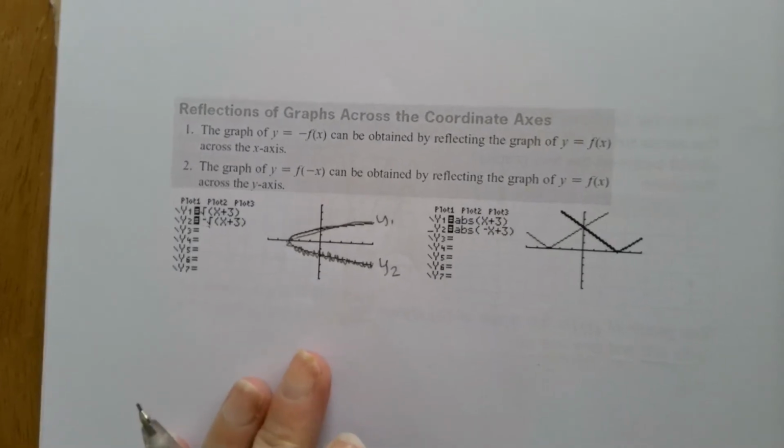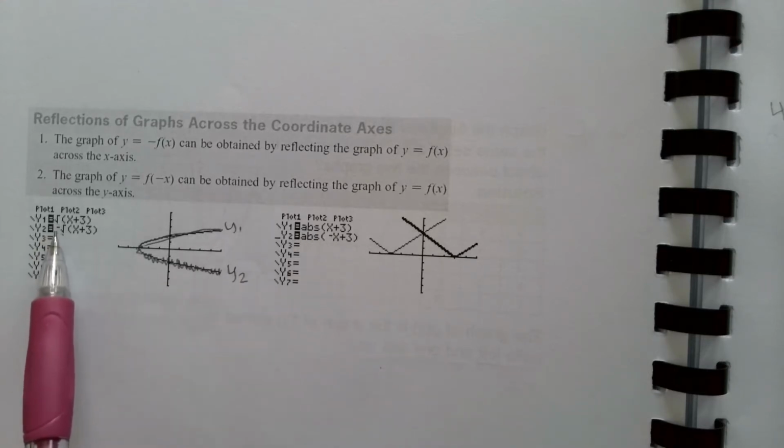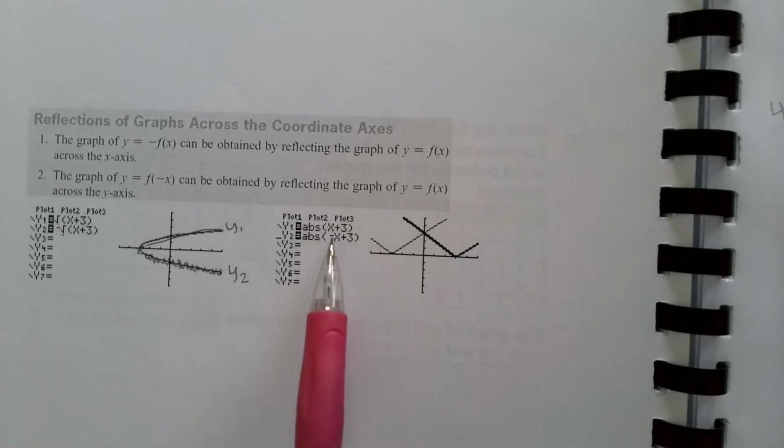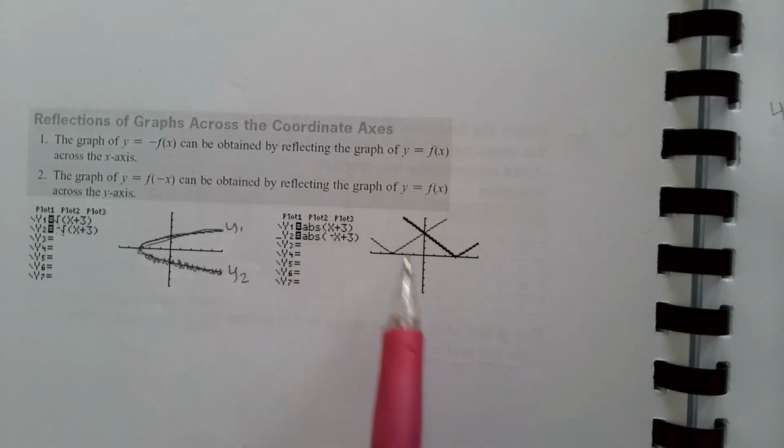Now, if I do the same thing with the absolute value function, I type the absolute value function. Well, actually, this is a little different. If instead of putting the negative in front of the entire function, I just put the negative in front of the x. See here, I didn't put a negative out in front. That would have just flipped the v down to the bottom.